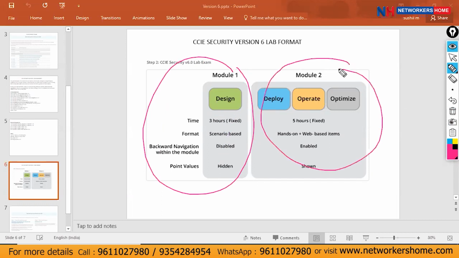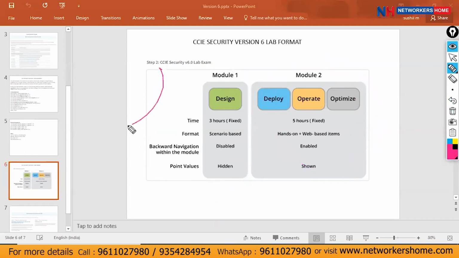Troubleshooting plus configuration and design, automation, all those things have been clubbed together as a single one, only 5 hours of task. But earlier there was a separate task, which even required some configuration, and a few people were failing in that, multiple problems were there. So compared to version 5, you have relief in this section, only MCQ questions.